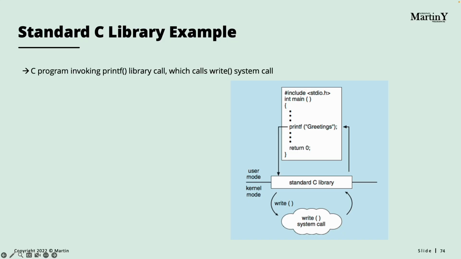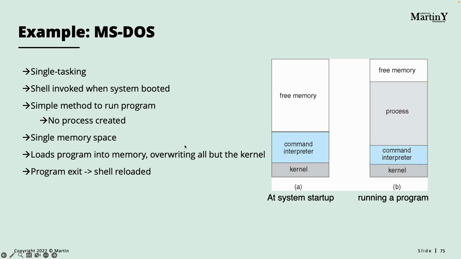Okay, so now the next thing that I want to show you is how processes are executed. There are actually two ways: single tasking and multitasking. In single tasking, you can imagine that we have the kernel and the command interpreter. Let's say we want to execute a program.